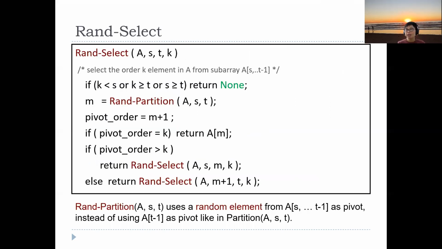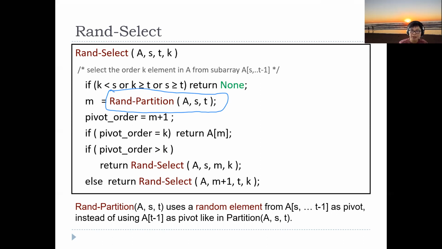With this in mind, here is the randomized version of QuickSelect. This looks pretty much the same as before. The only difference is here, in the random partition: instead of always using the last element as a pivot, now you pick one uniformly at random in the current list as your pivot.